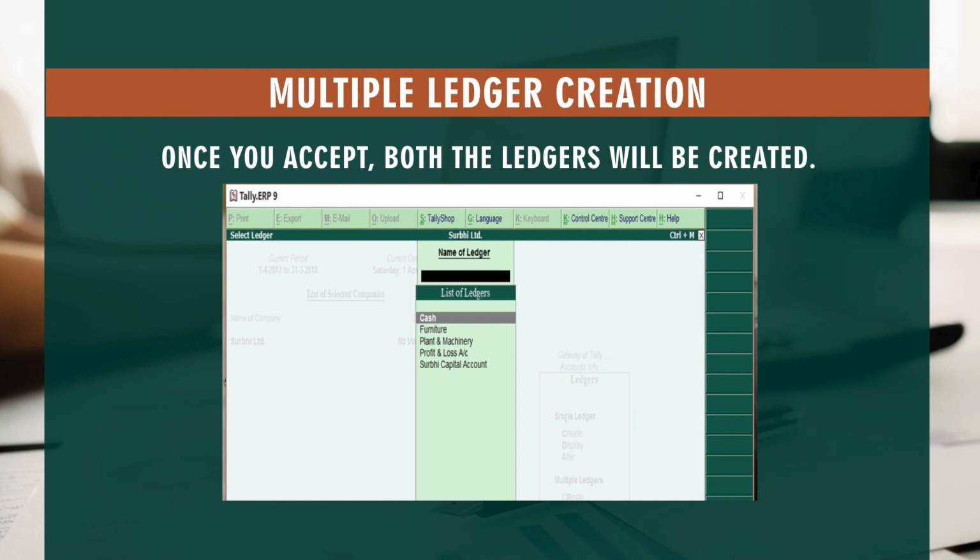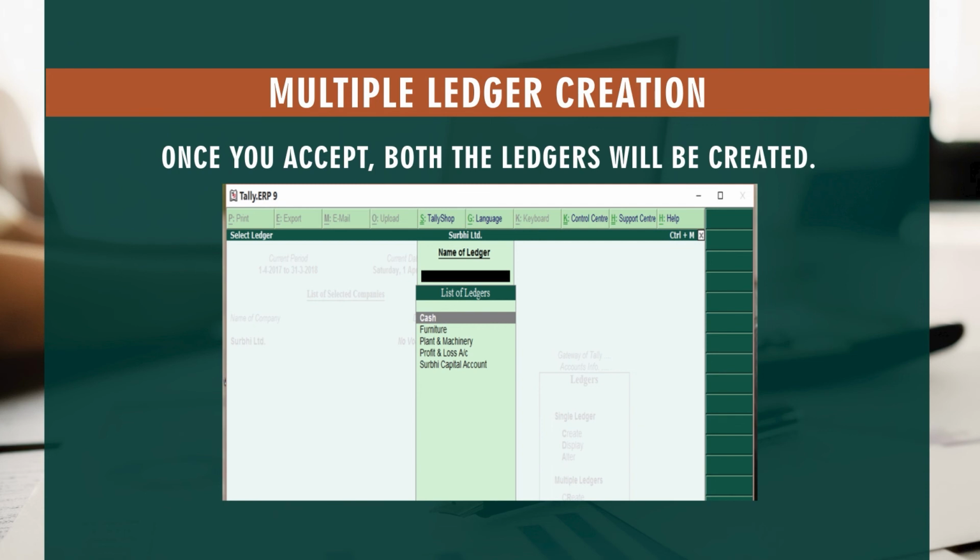I have already told you that cash and profit and loss account are already there. We have initially created Surabhi capital account, which is now being illustrated, and the 2 other fixed assets which we created using the multiple ledger are also there, that is furniture and plant and machinery.